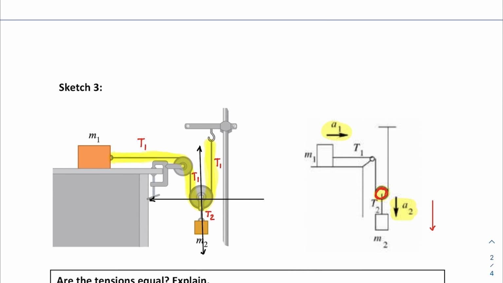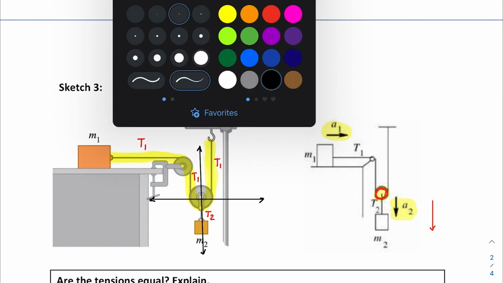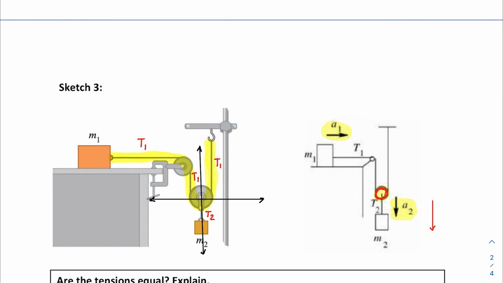Now, if you look into this one, you already know from the sketch that you have two forces along the y going up in the same direction, T1 and T1. Now, if you have not realized yet that they are equal, you might have written that as T3 and T4.